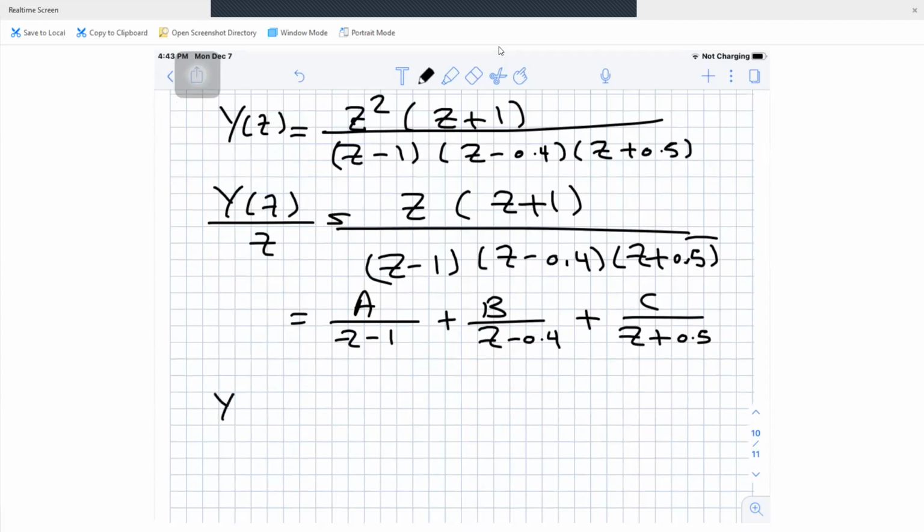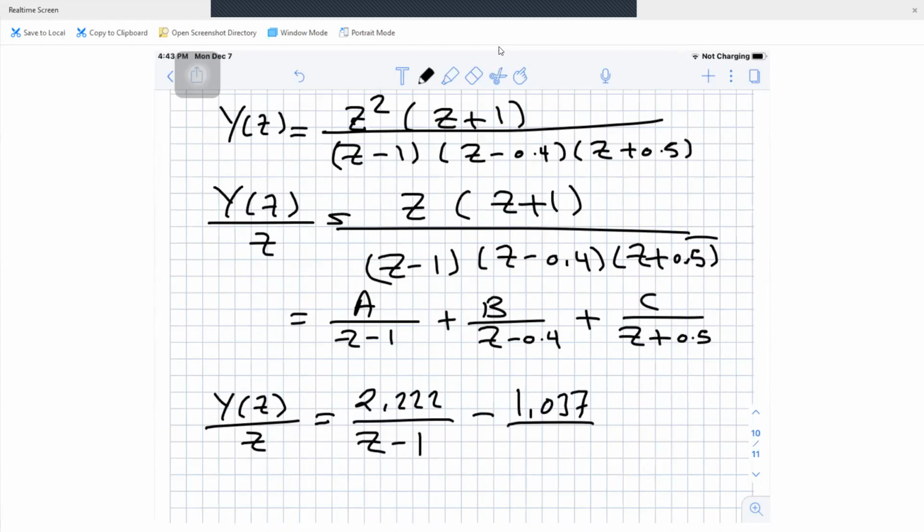Y(z)/z, I will give you the values, will be 2.22/(z - 1) - 1.037/(z - 0.4) - 0.1852/(z + 0.5).